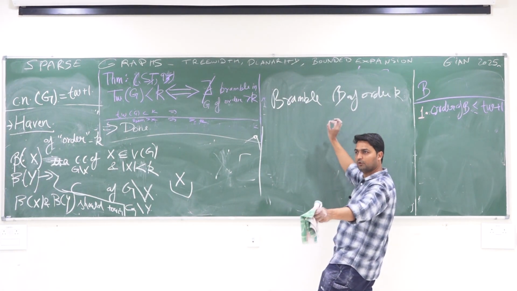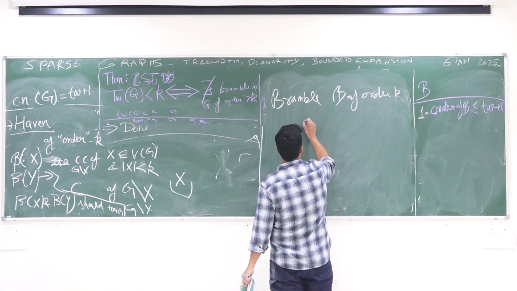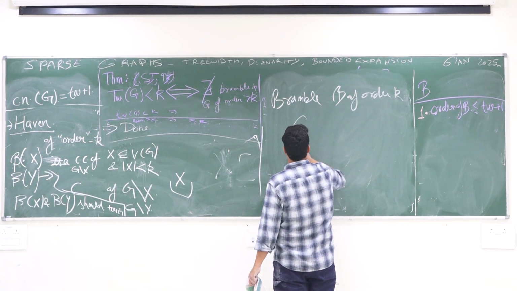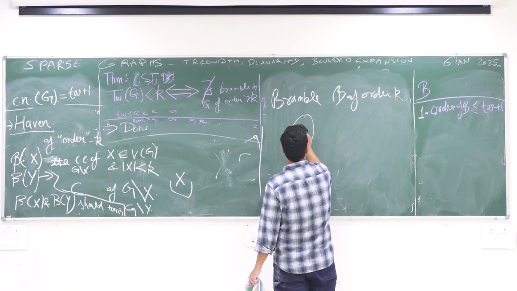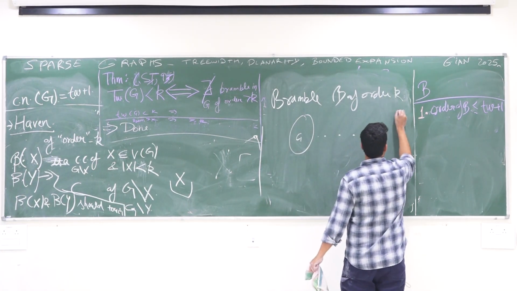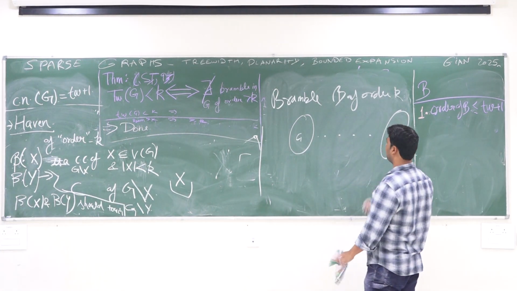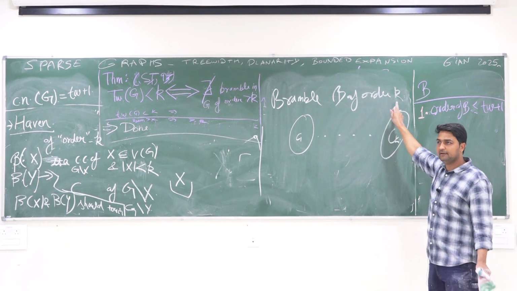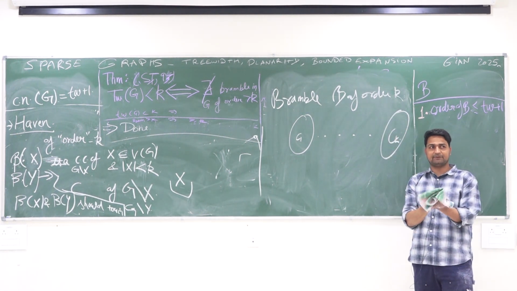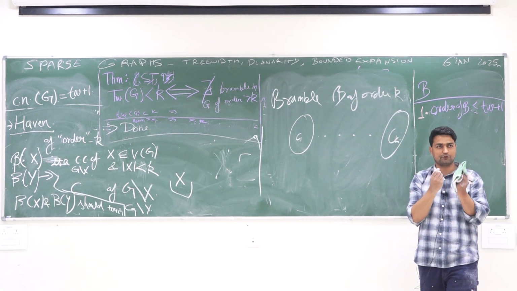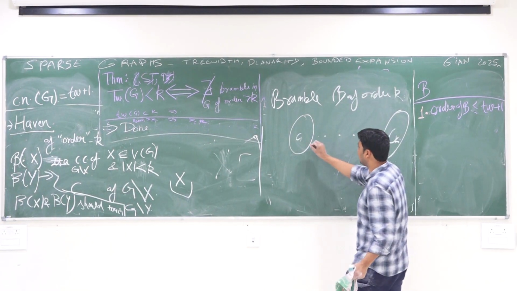To refresh your memory, we have some connected subgraphs, C1 through Cl, and I have a bramble of order k. It means if I take any subset of vertices of my graph of size k minus 1, it will miss at least one of them.